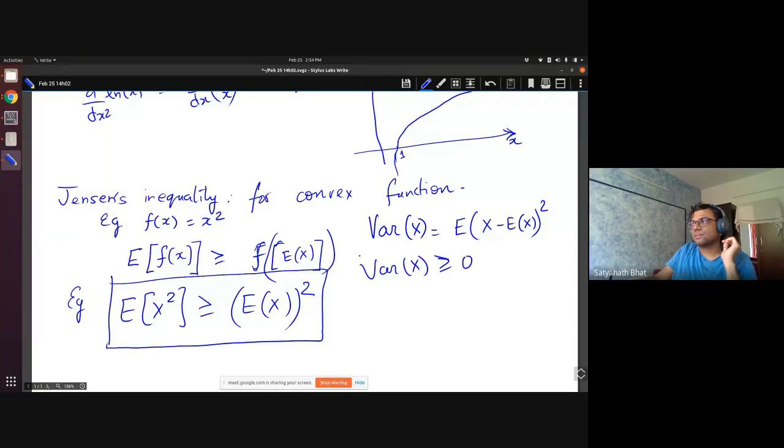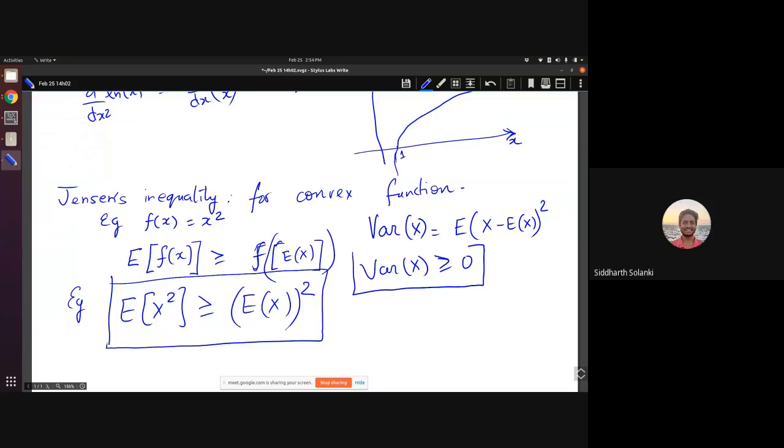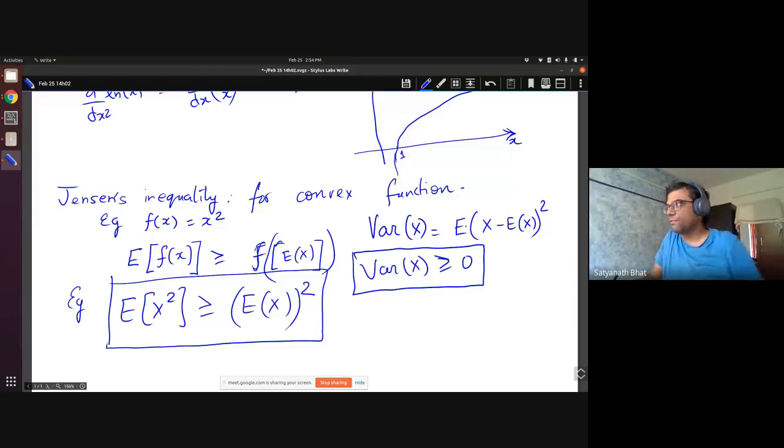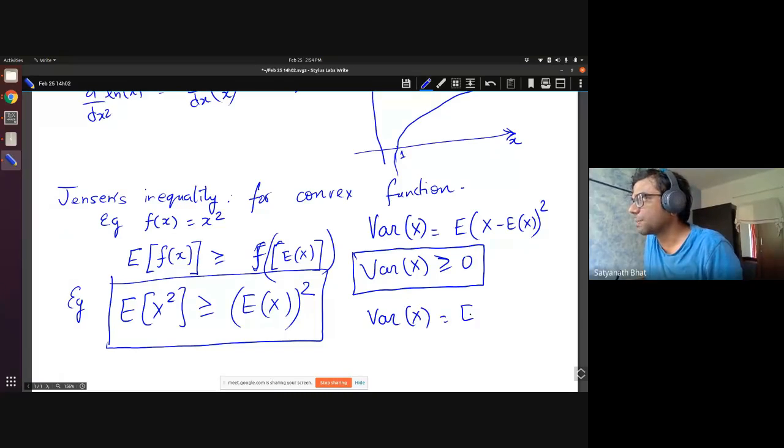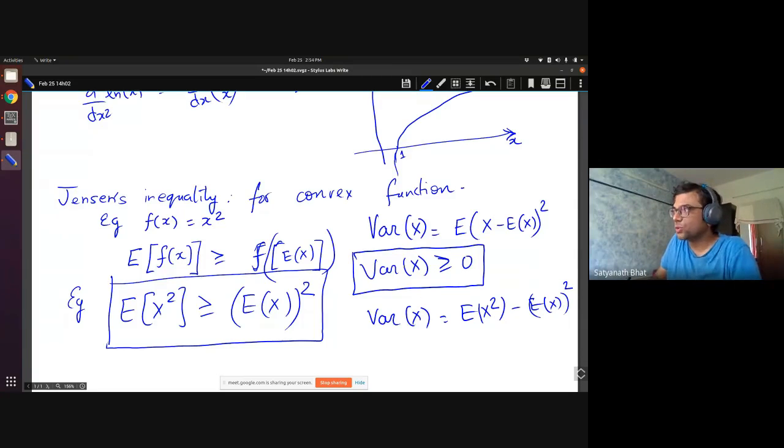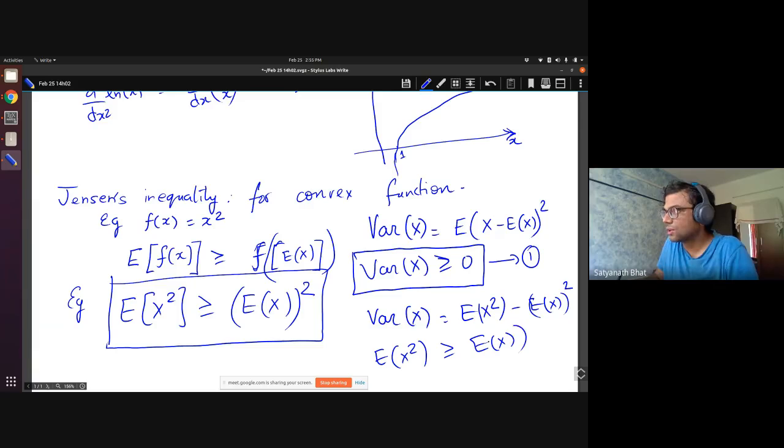Yes, sir. Now if I expand this and simplify, variance of x is also given as expected value of x square minus expected value of x whole square. So using the previous inequality on this new form, we get expected value of x square is greater than or equal to expected value of x whole square.